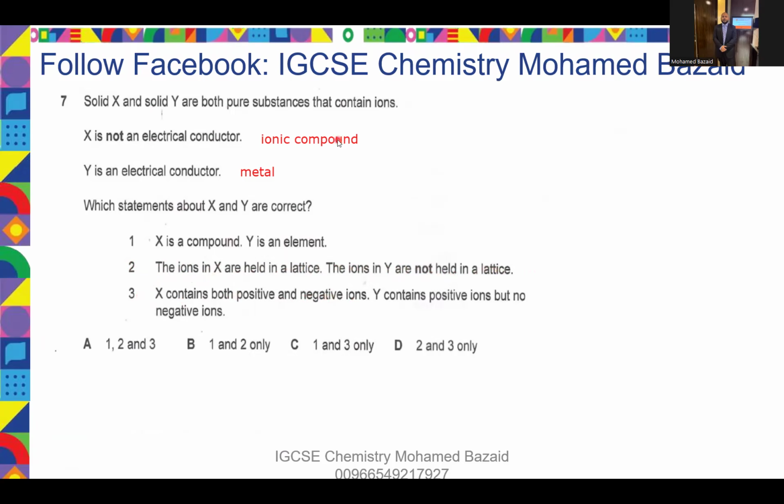Yes, because this is an ionic compound. Y contains positive ions, but no negative ions? Yes, because this is a metal. As you remember, metallic bonding is the attraction between positive ions and delocalized electrons, so it has positive ions but no negative ions. So 1 and 3, the answer will be letter C.